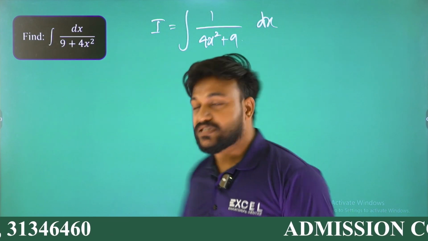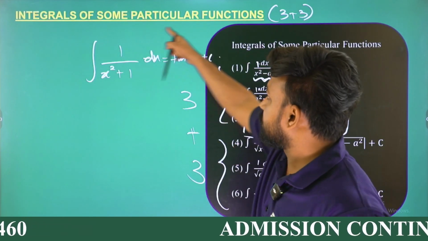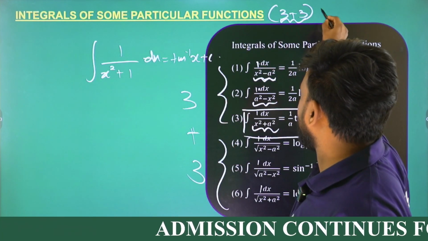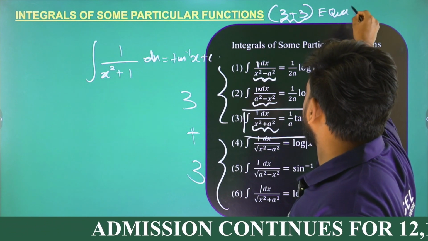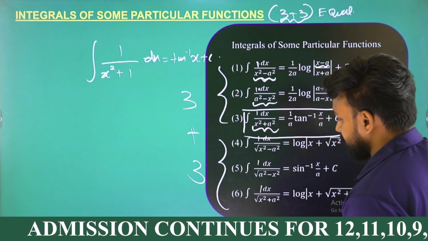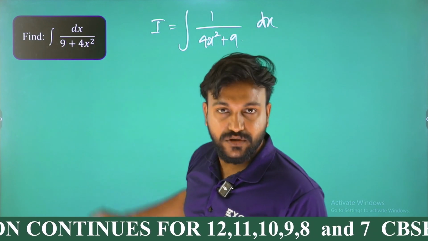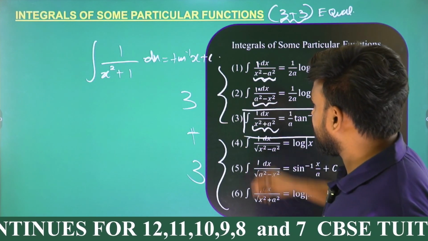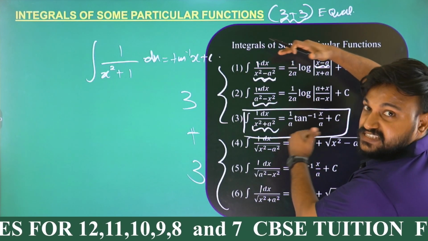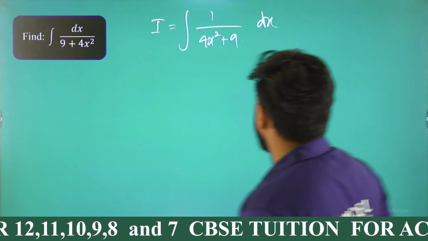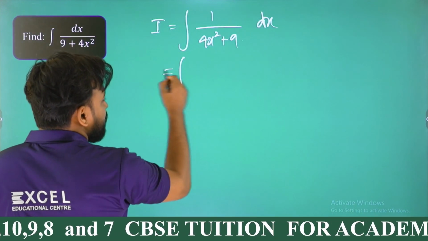These are the qualifications for the integrals of these particular functions, the 3 plus 3 equations, 3 types of equations. And in our question we don't have a square root in the denominator, so our question comes under one of these 3 equations. So listen very carefully, out of those 3, which one is ours?